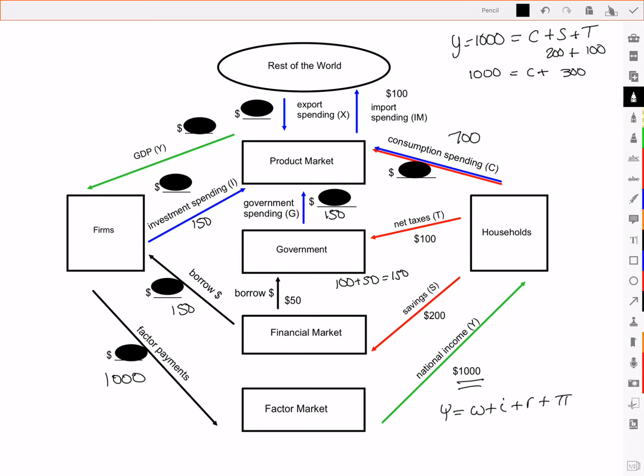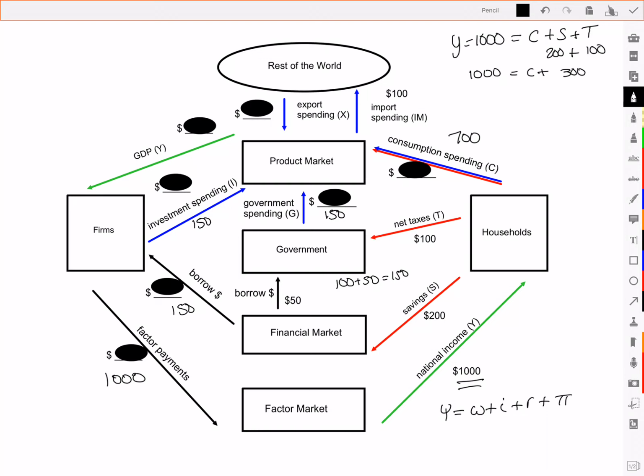Now, we have the rest of the world, and then we have our firms to deal with here. Now, in this case, we have money going out and money coming in. And if $100 is going out into the rest of the world because we want to buy foreign goods, that means foreigners now have $100 of our money.